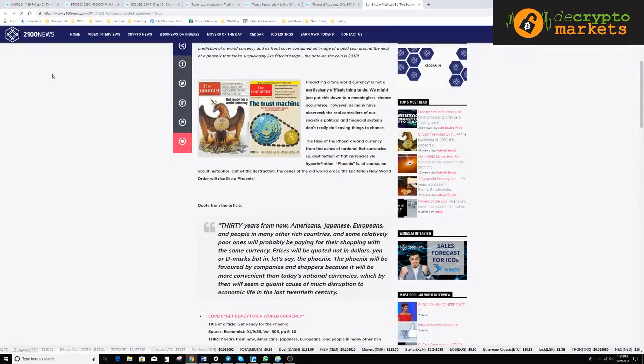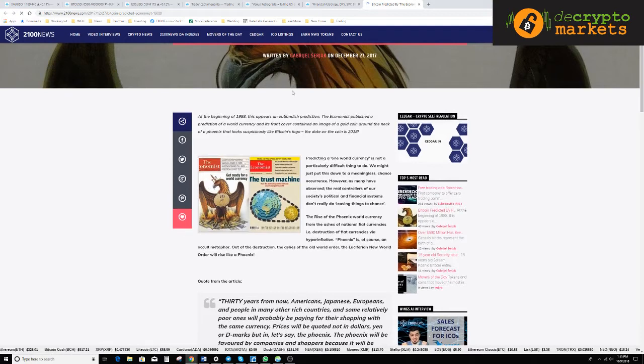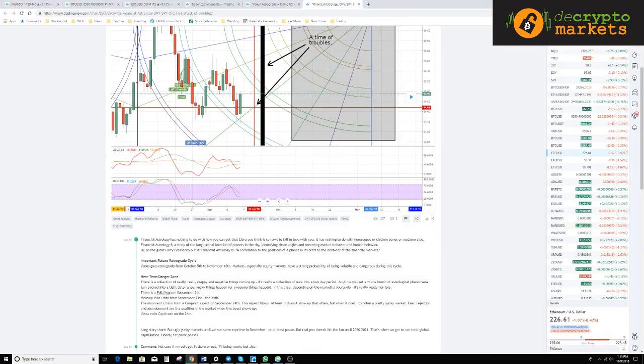Looks like a reputable news site. I have no idea. But here is, damn it, that's not even a big enough image. Where is it? Come on.